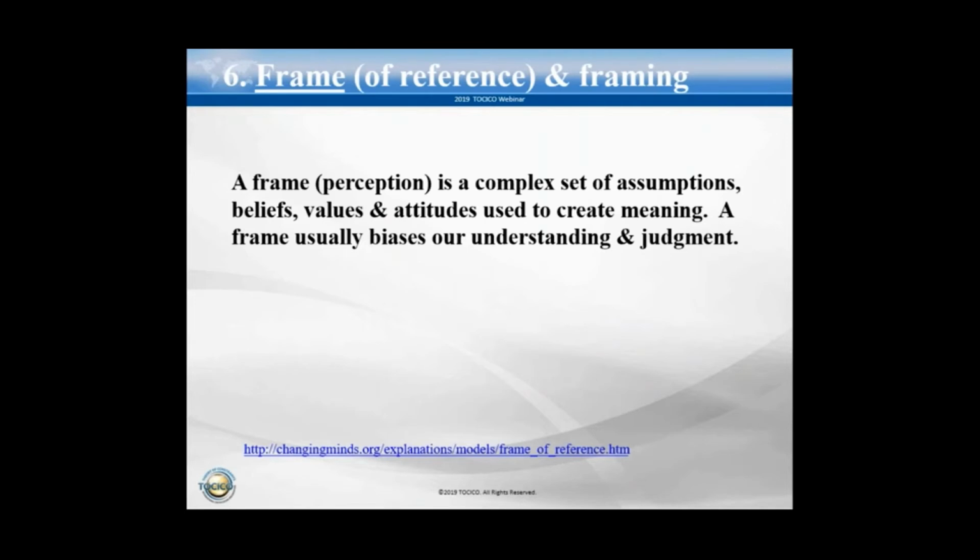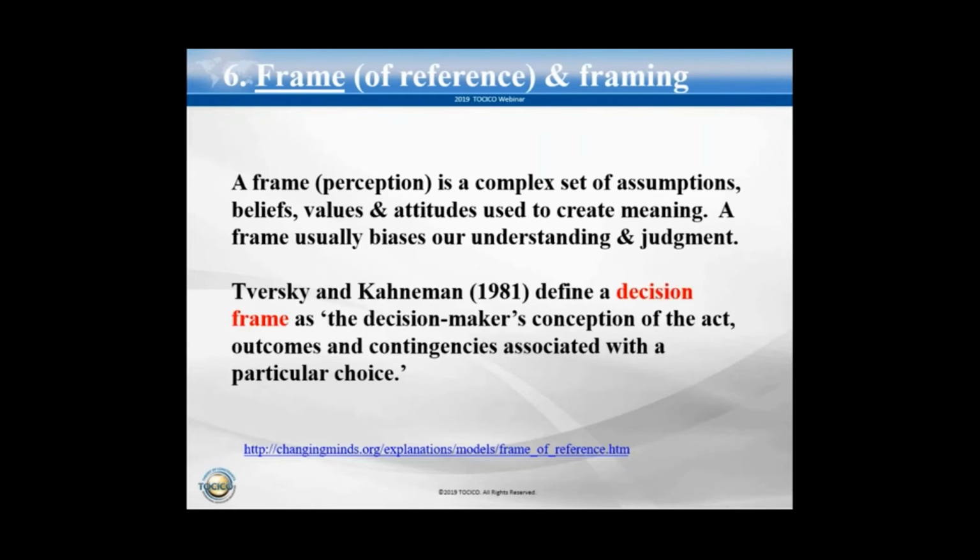The sixth point that I'll use is called a frame, or your perception of an environment. It's a complex set of assumptions, beliefs, values, attitudes used to create meaning. That's called a frame. Frames bias your understanding of an environment.